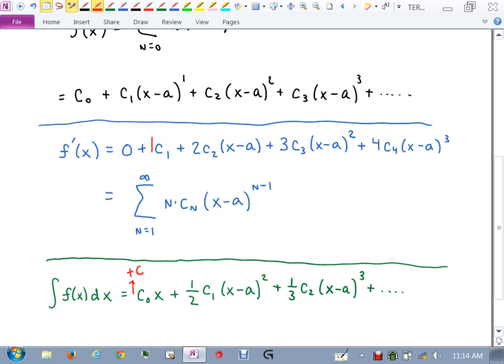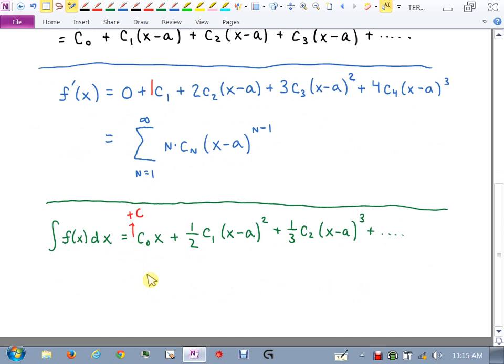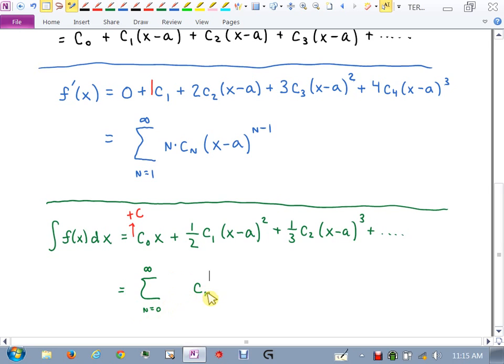So what would our formula be then? Can we come up with a general formula for this? Power series, n equals, I can start it at 0 this time, because that's going to give me my C sub n. So if I plug in 0, I get C0 to start. But what about that number in front?